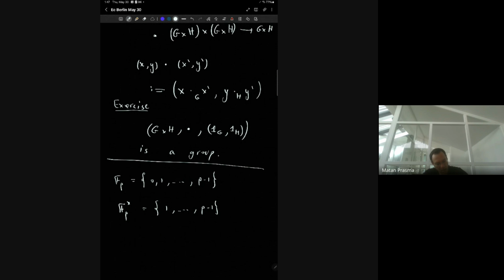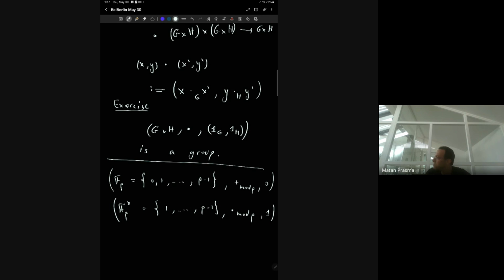So here, with addition modulo p and the neutral element being 0, this is a group. And here, I can take multiplication modulo p and neutral element being 1, and this is again a group.